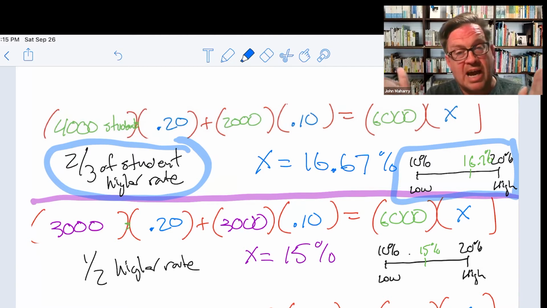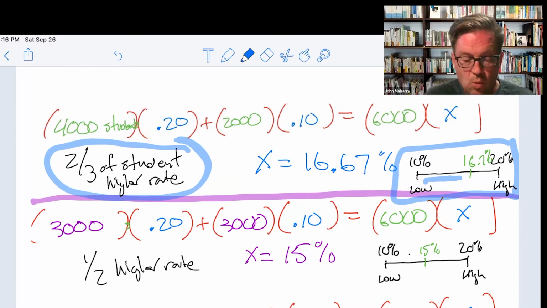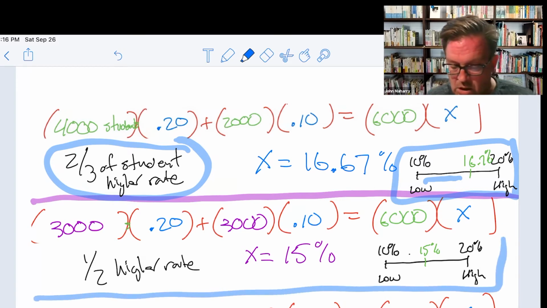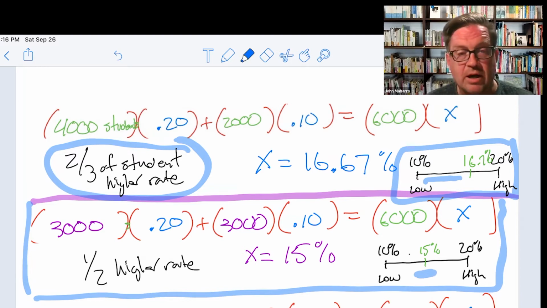If 2/3 are on the high side, we've gone 2/3 of the way across to 16.7. What about in the second case, where we've got half the people at the high rate and half the people at the low rate? Well, our overall average is halfway between the low and the high.